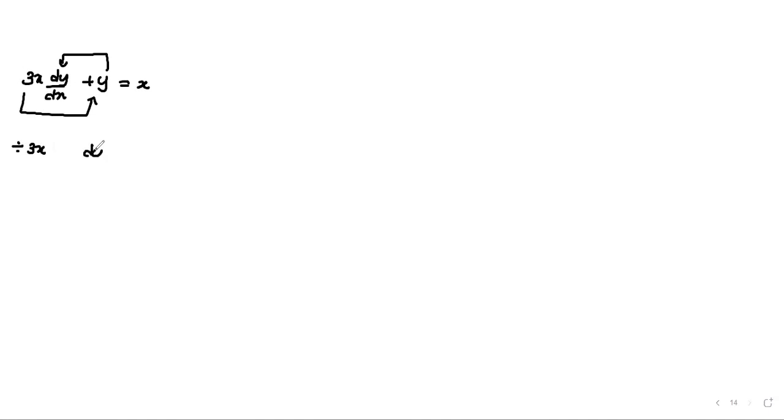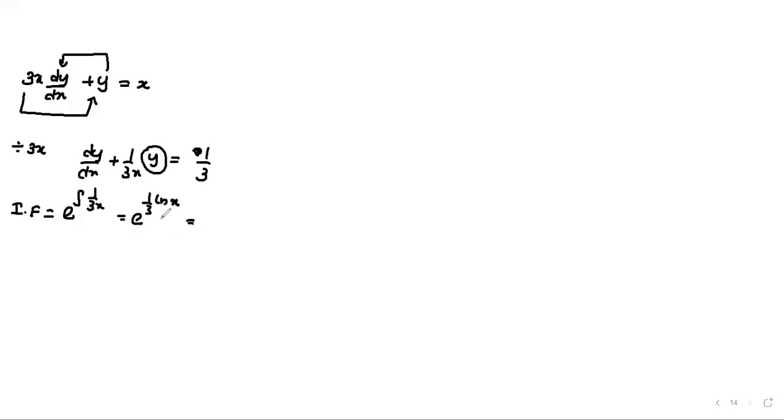So the answer is dy/dx + (1/3x)y = x/3x, which is 1/3. Then what would be the integrating factor? If you isolate y from here, the integrating factor is e to the power integration of 1/3x, which turns out to be e to the power (1/3) ln x.